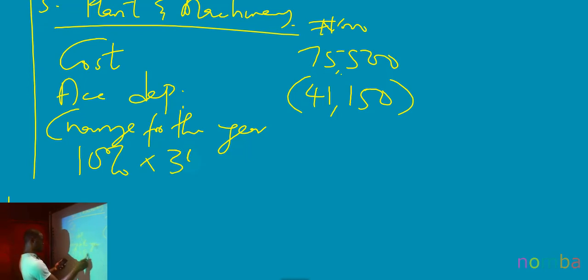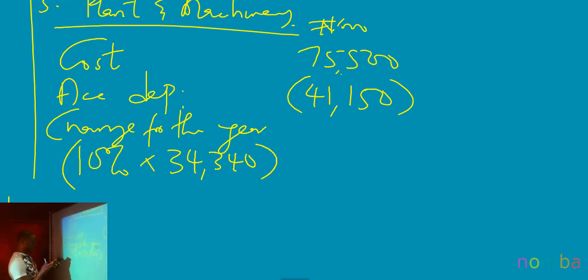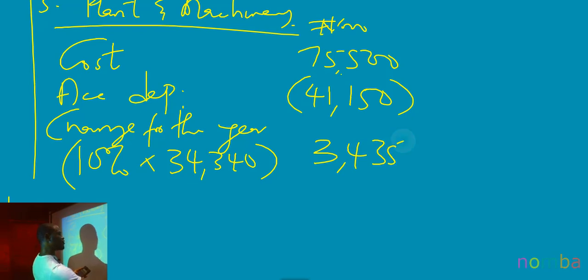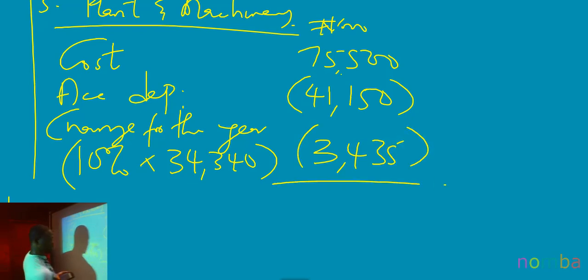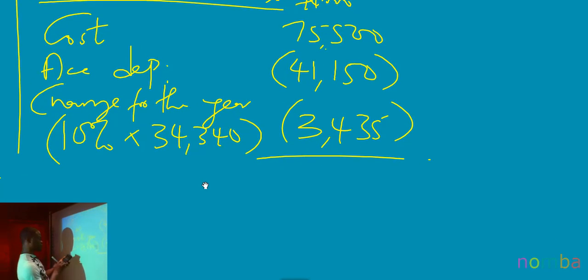That's 34,350. So multiply by 10%, that's 3,435.